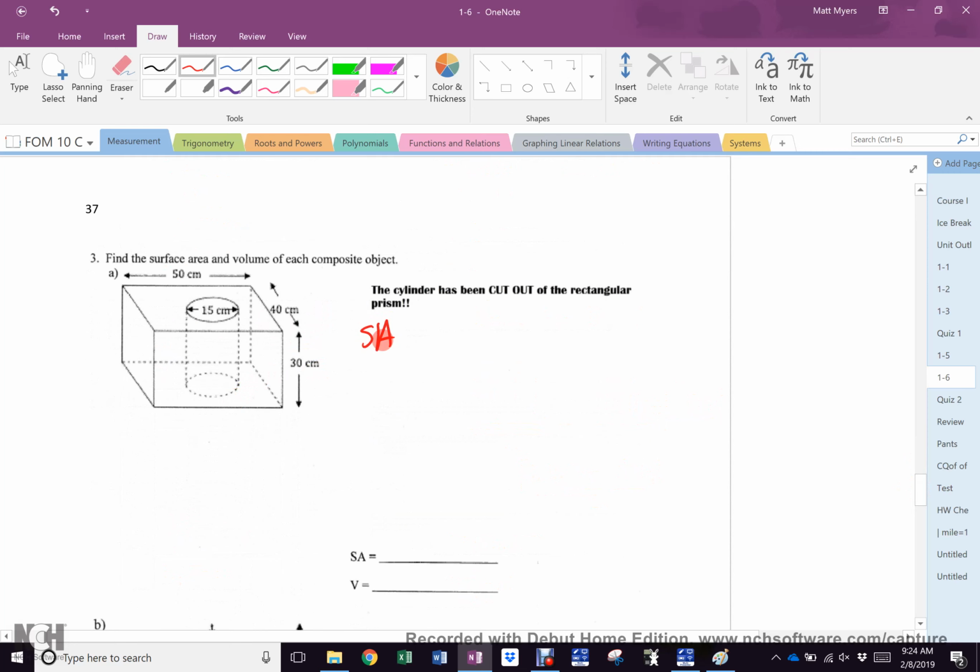Surface area. That is the surface area of a prism, right? Plus, what is this? It's just the sides of a cylinder, right? So I am adding the sides of a cylinder, which if you look on your formula sheet, I actually give you.